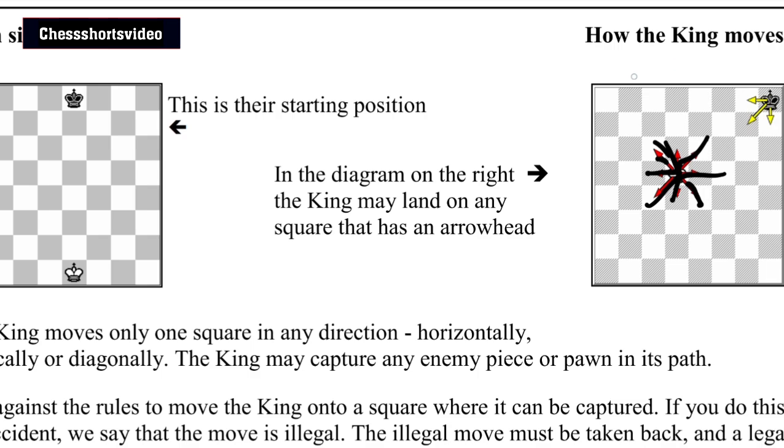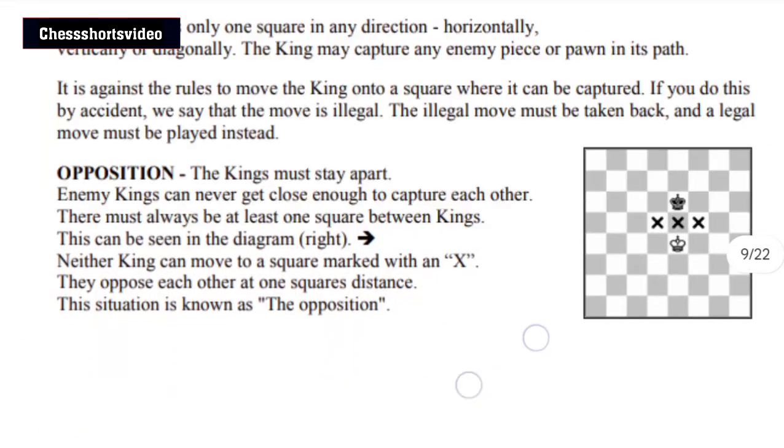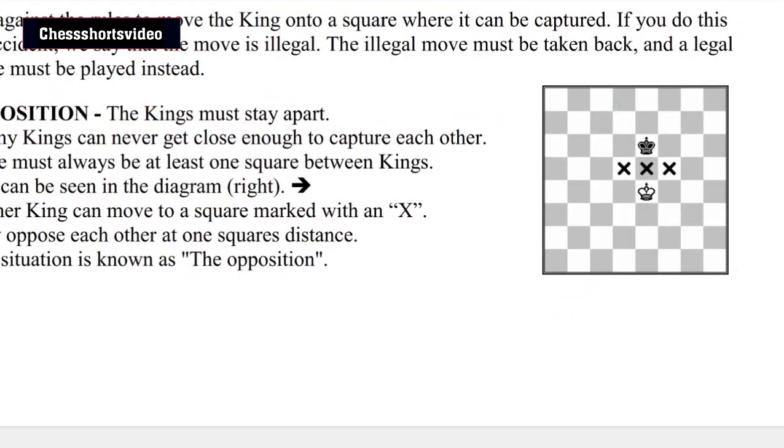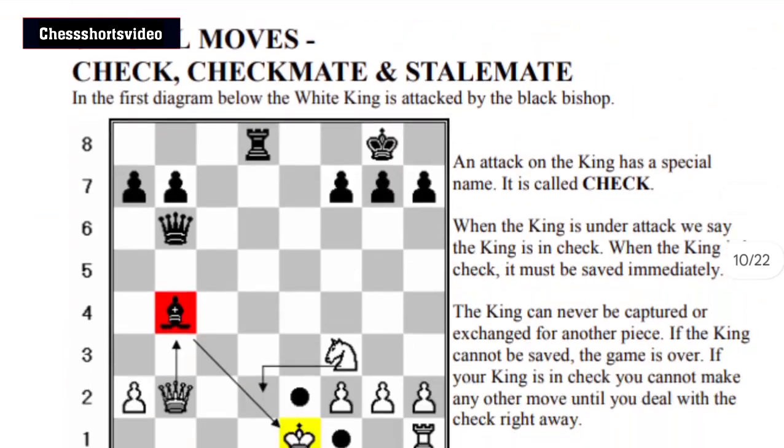So this is how a king moves. Now suppose your opponent is just here, so your king cannot move into this position, and even your opponent's king cannot move there, it may go backwards. So this is the way your king moves.